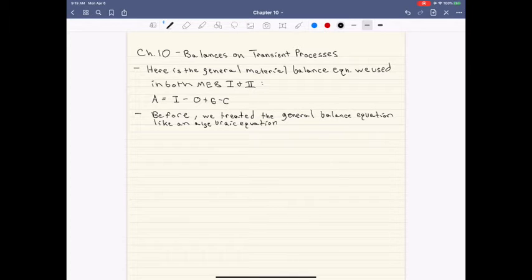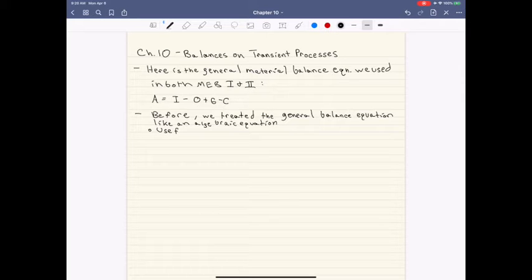It's treating the general balance equation like an algebraic equation is completely appropriate if you're dealing with processes that are operating at a steady state, or even if you're working with a closed batch sort of process and you're only concerned about the states of the process at the final time or at the initial time. Okay?